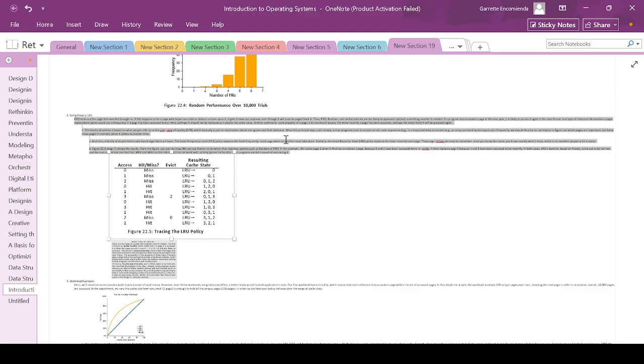One type of historical information a page replacement policy could use is frequency. So if a page has been accessed many times, perhaps it should not be replaced, as it clearly has some value. So another property or criterion is frequency. If you have accessed it many times, you will likely access it again, because another thing with our psychology is we're creatures of habit, just like in interface design. We only use a few functions.